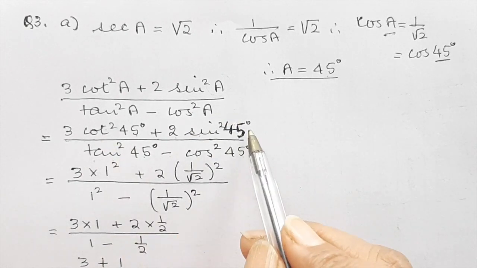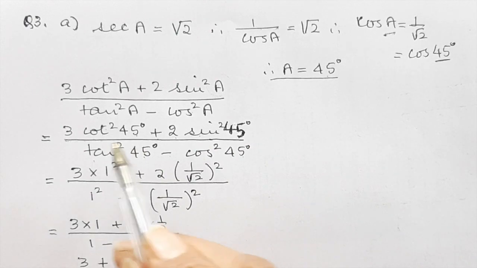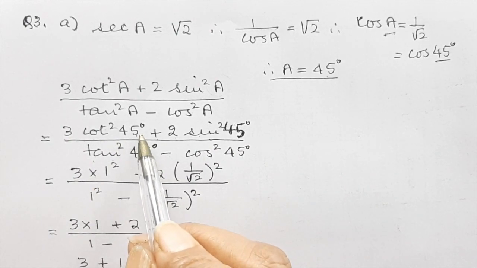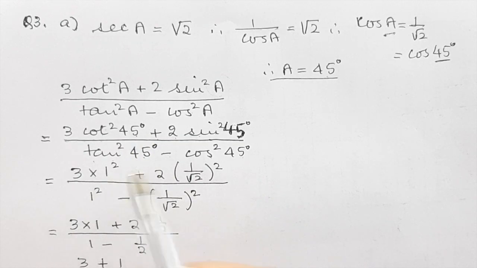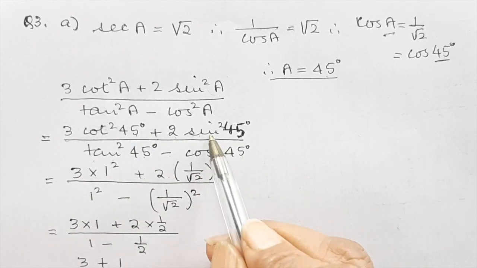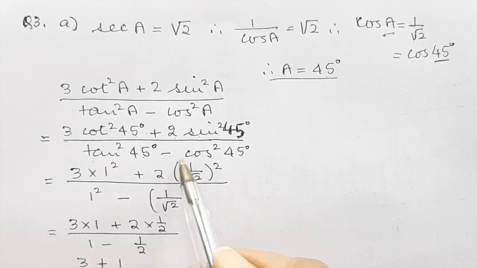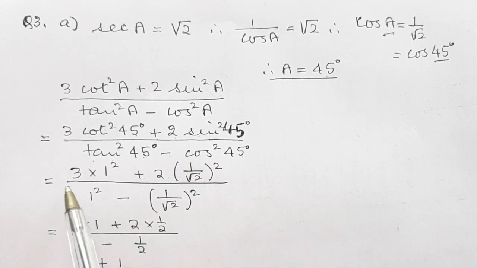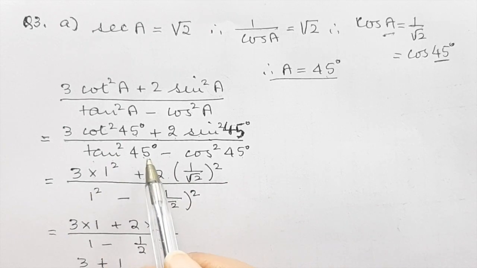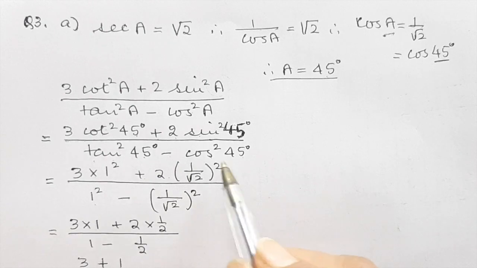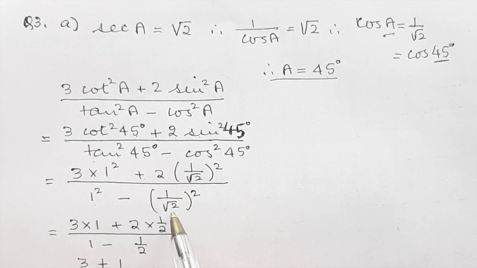Now you should know the values of these special angles, and so 3 into cot of 45 will be 1 upon tan. Tan of 45 is 1, so 1 square plus 2 sine square 45. Sine of 45 is 1 upon root 2. You make the square of this, and then in the denominator tan of 45 is 1, so tan square is 1 square minus cos of 45 is 1 upon root 2.